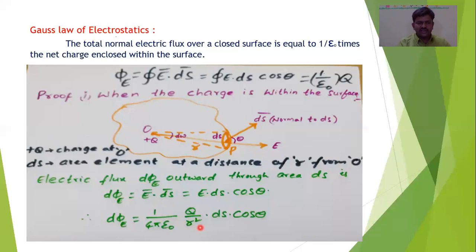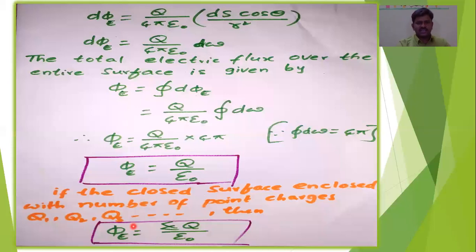After substitution, I get d phi e is equal to 1 by 4 pi epsilon naught q by r square ds cos theta. So d phi e, the electric flux coming out of the small block ds, is equal to q by 4 pi epsilon naught ds cos theta by r square.